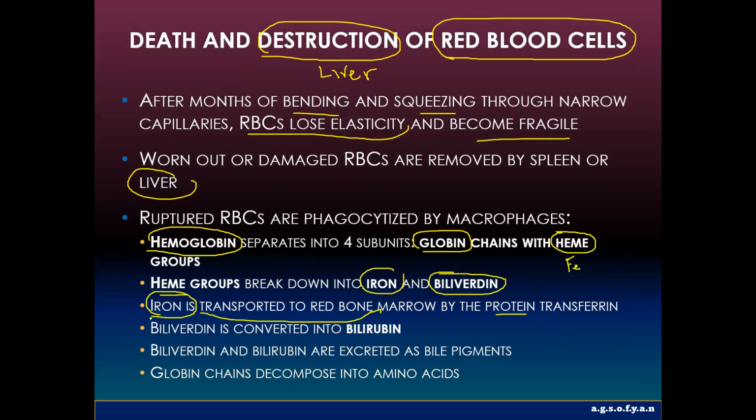While the biliverdin, this is the one that will be removed from our body. It will be converted into bilirubin. Bilirubin is the conversion of biliverdin, and this bilirubin usually has a kind of yellowish color, a brown yellow color.